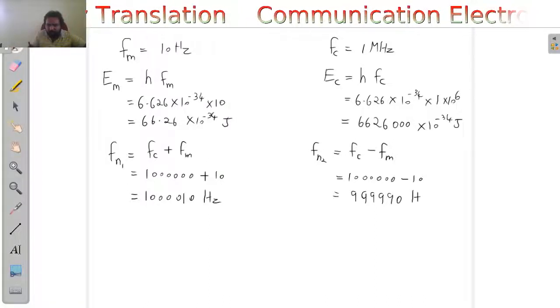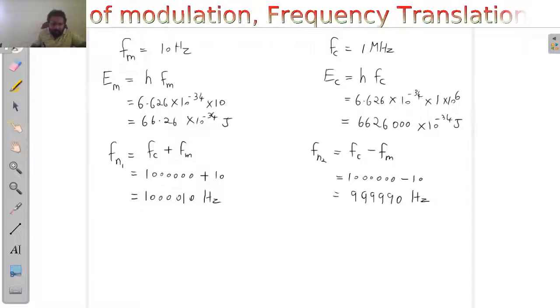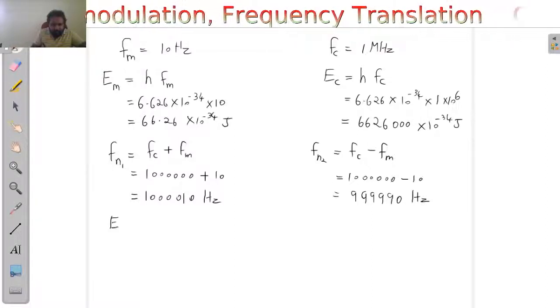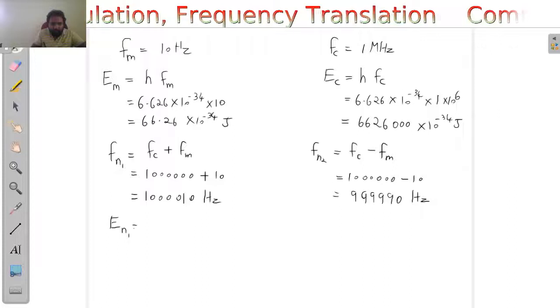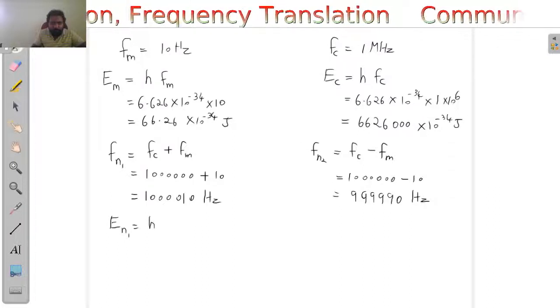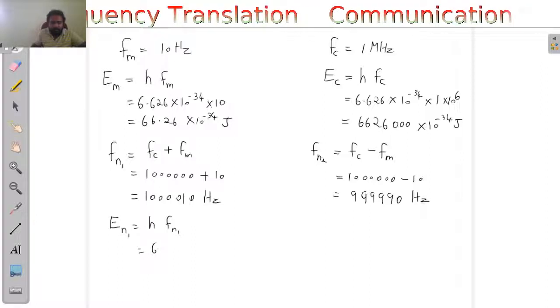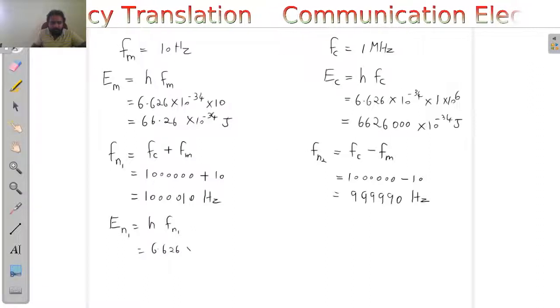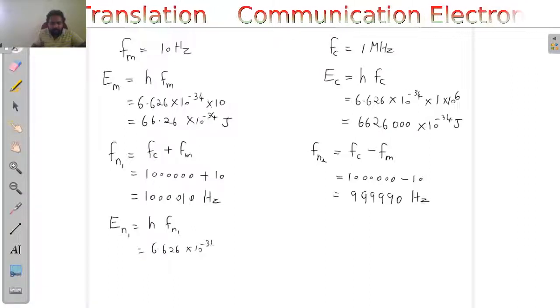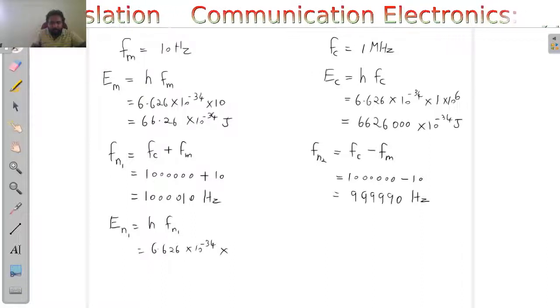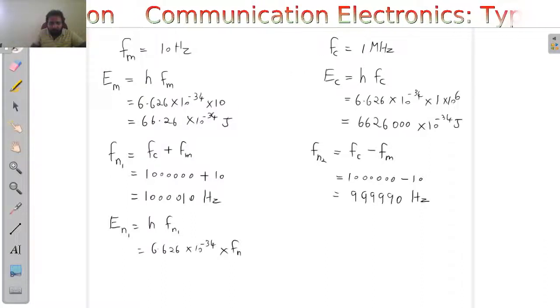Thus the energy inside the sum frequency En1 is given by h times Fn1, that is 6.626 times 10 to the power minus 34 times Fn1.